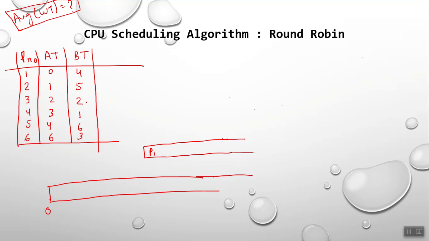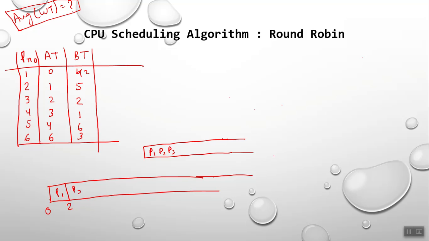P1's burst time is 4, so it will execute 2 units of time. So here it will be 2, and at 2 units of time you will see that the processes P2 and P3 are available, so you just have to write it here: P2 and P3 are available. Now which process will execute this time? P2.